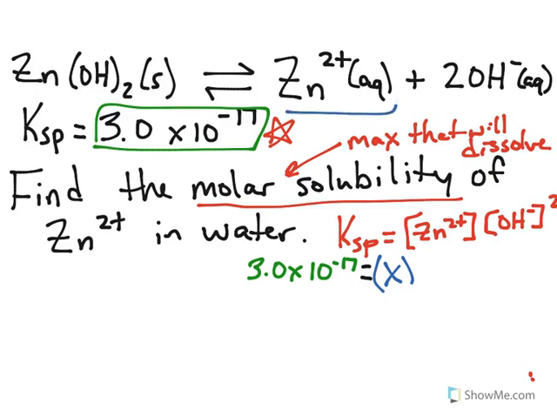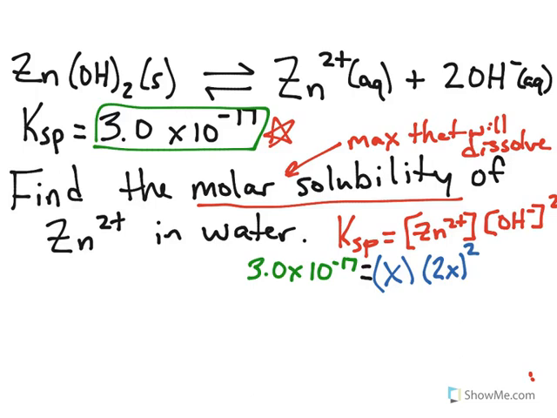If the zinc concentration is X, then the concentration of the hydroxide has to be 2X because this coefficient of 2 out front indicates that there will be twice as much hydroxide present at equilibrium as there is zinc. So we'll call the hydroxide concentration 2X, and don't forget your squared.